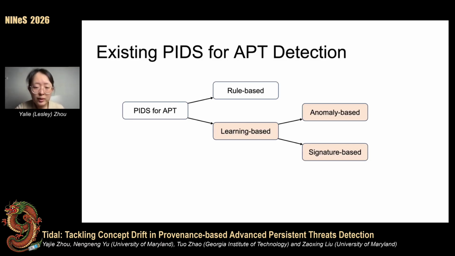The second type is signature-based, which means your detection system is trying to learn the attack signature or attack pattern of previous APTs, so in the future, when a new attack comes that is very similar or the same as a previous attack, the detection system will capture it.